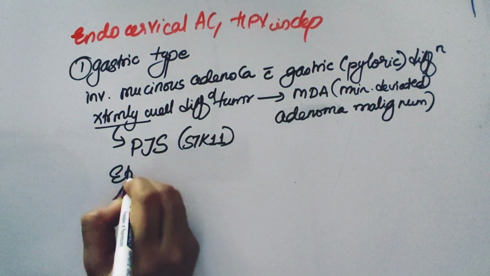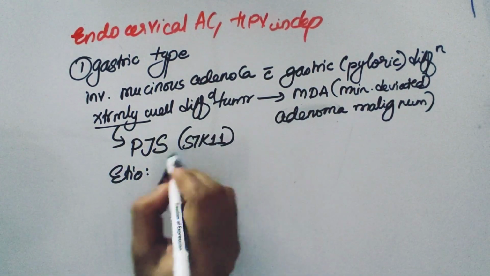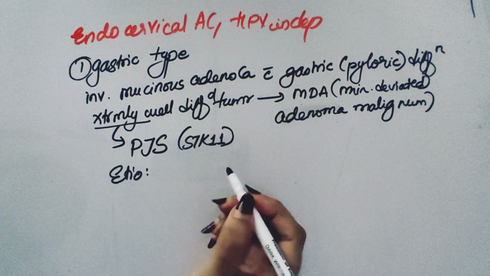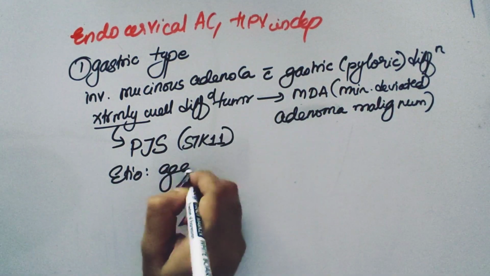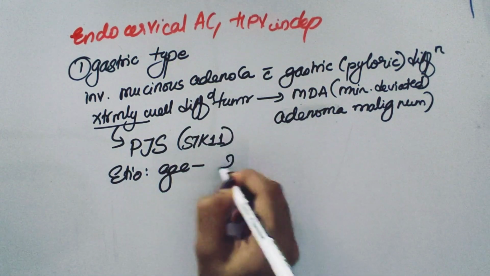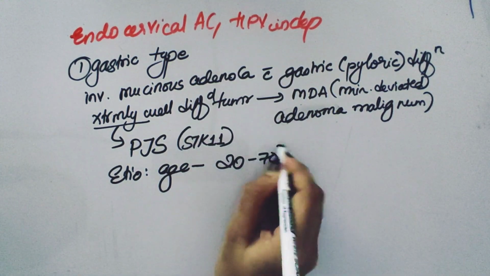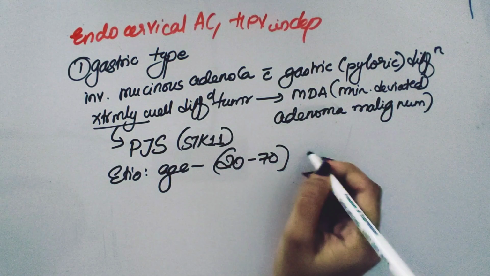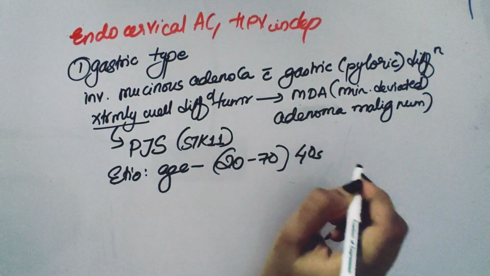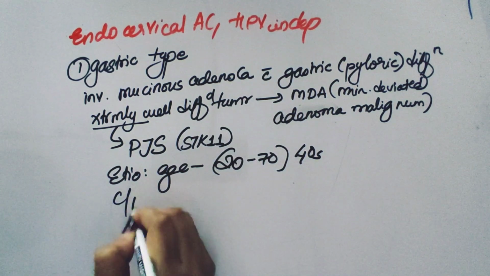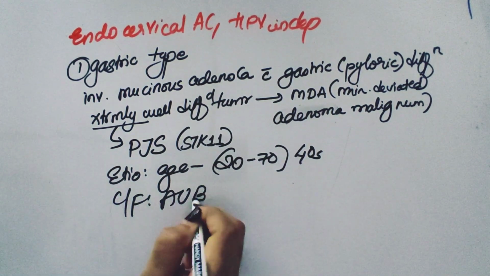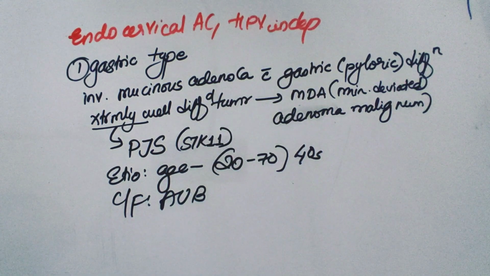So etiopathologically speaking, I already told you there is one mutation about etiopathogenesis, which is not associated with HPV, of course. And then the age group: it has a wide range, from 20 to 70, but you can tell the mean age is in the 40s. And clinical features, there is obviously abnormal uterine bleeding.